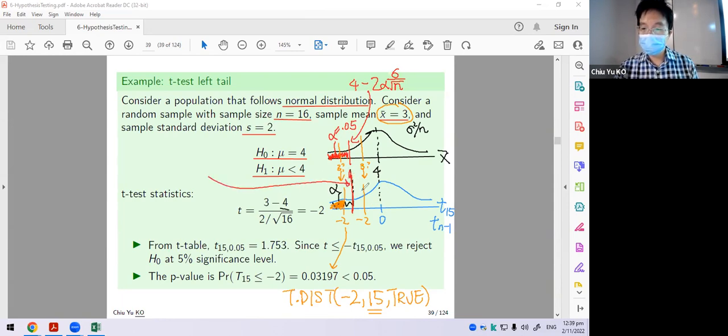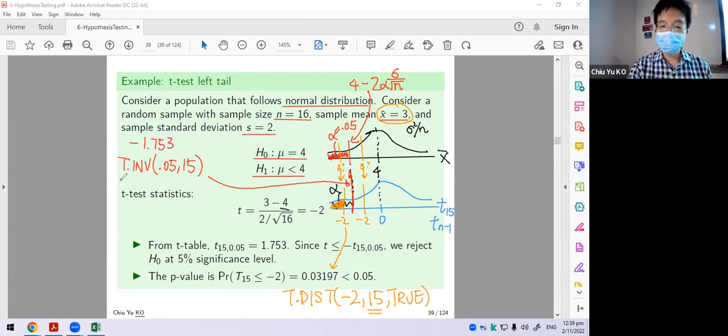It just uses the t inverse. We need 5%, 0.05. The degree of freedom is 15, and that's it. This should give you -1.753. I will show it after I talk about this.